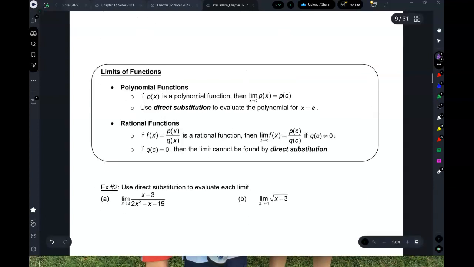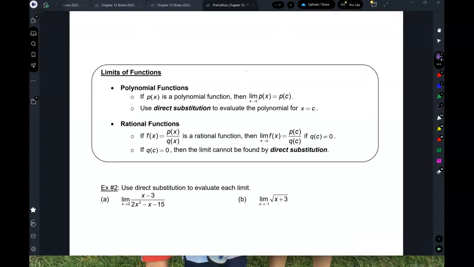Now, what if you have more complex functions? If you have polynomial functions, remember, what is the domain of all polynomial functions? All real numbers. So if p of x is a polynomial function and you want to find the limit as x approaches c, then you just directly substitute c in there.